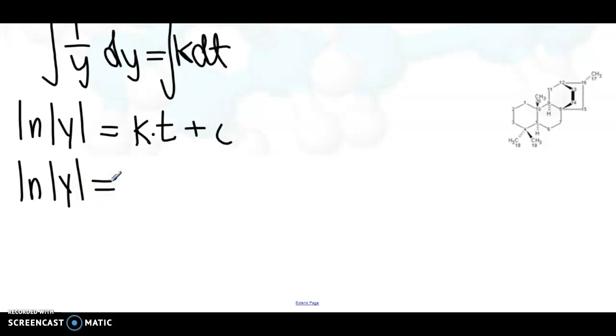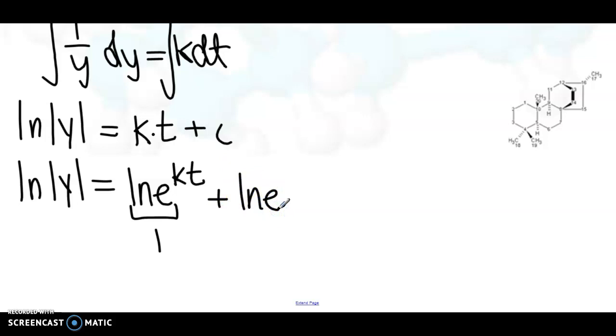And for each of these terms, kt and c, I'm going to take the natural log of e, because this represents 1. Natural log of e raised to the kt, and natural log of e raised to the c.